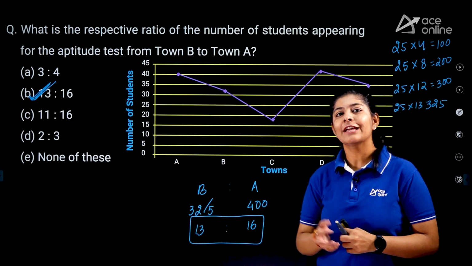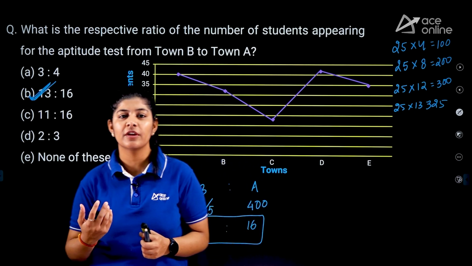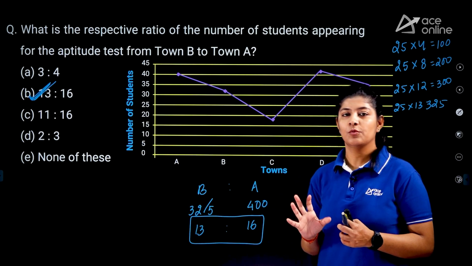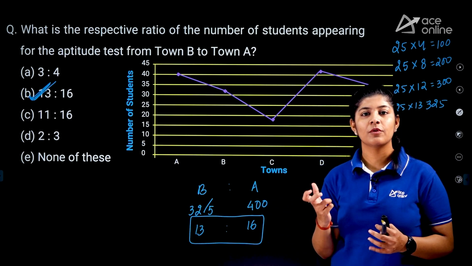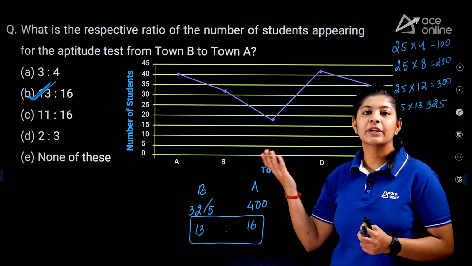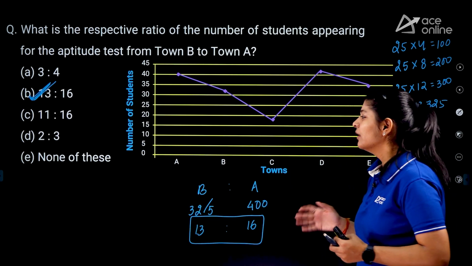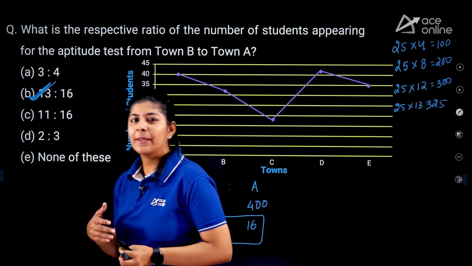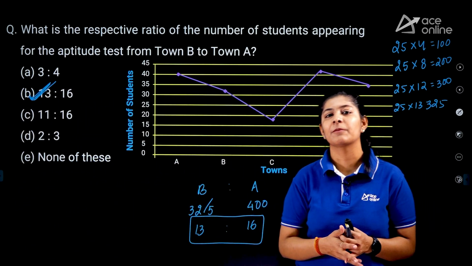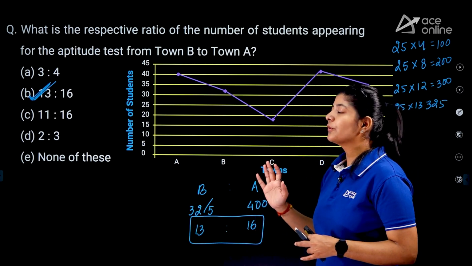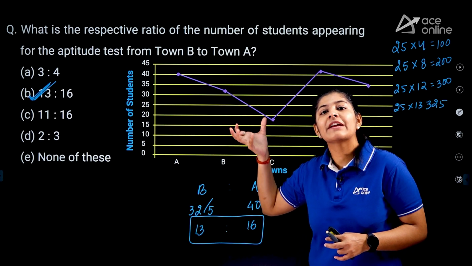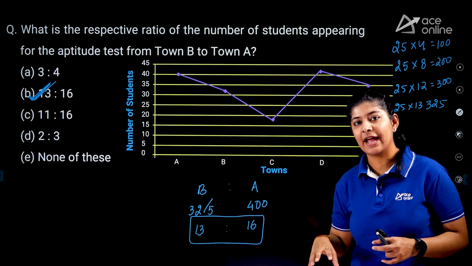If we know how to retrieve the values, then we can easily solve the rest of the question, because in the rest of the question we need to find out the ratio, the percentage, or maybe some average-based question, or some easy mathematical problems, right? So you need to work on how to retrieve the values from the given graph or chart that we are having in the DI.